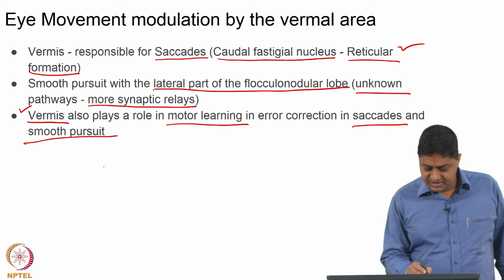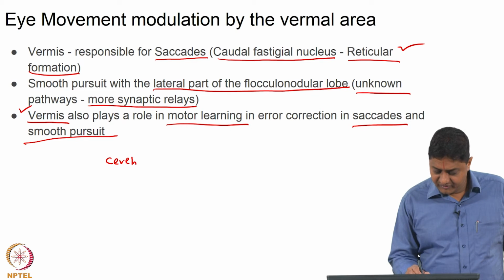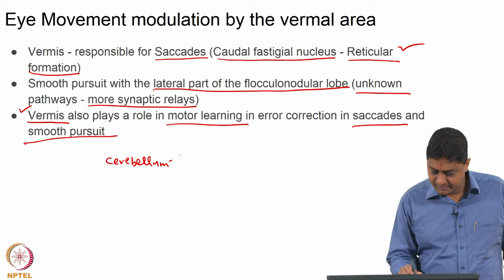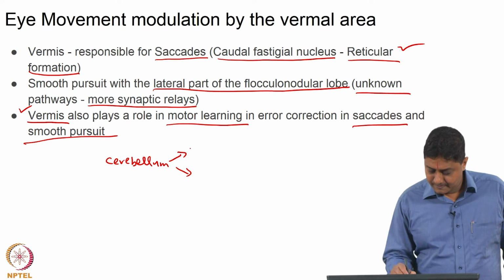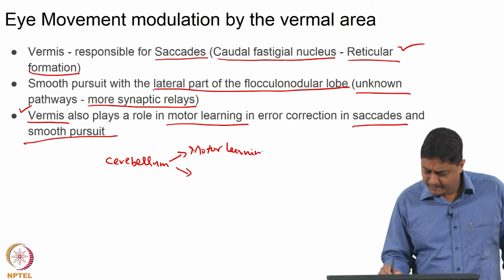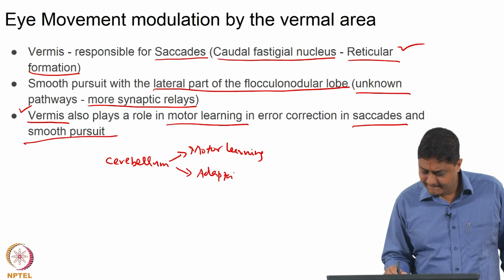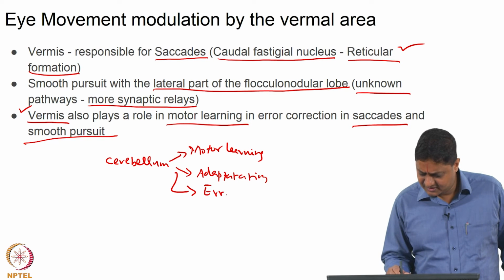Actually, it turns out that the cerebellum performs different forms of error correction. One is called motor learning, the other is called adaptation, and the other is simply called error correction. This is online error correction.